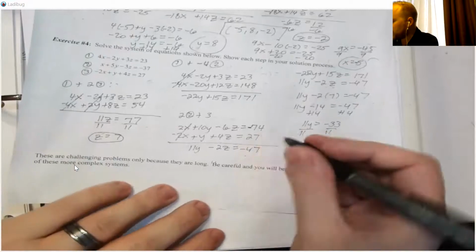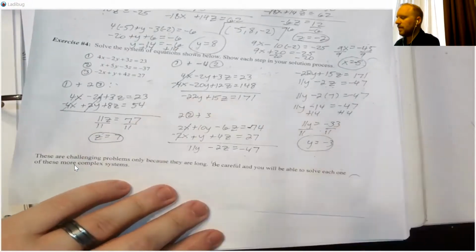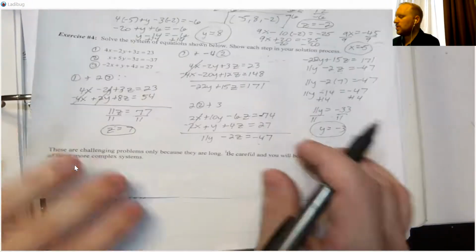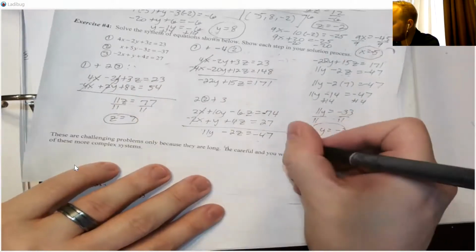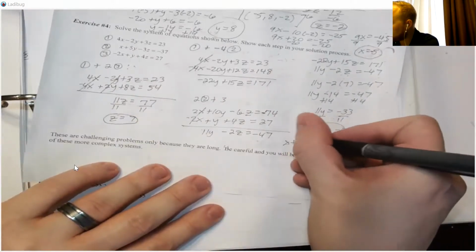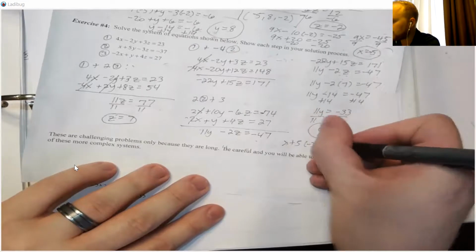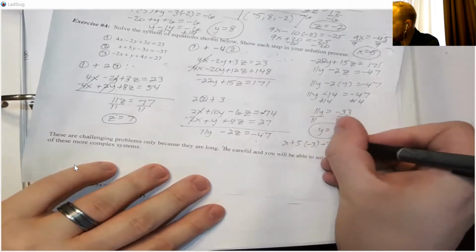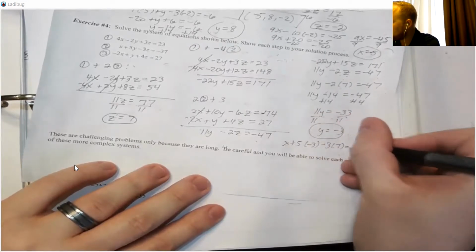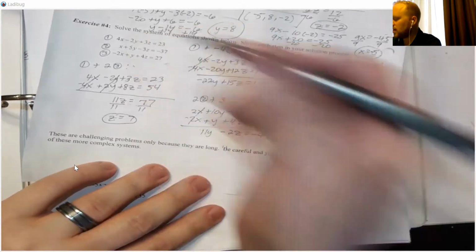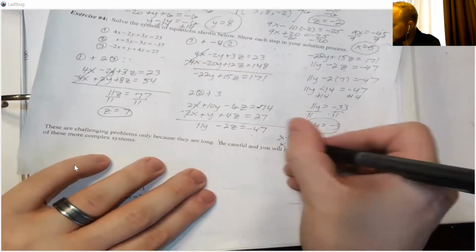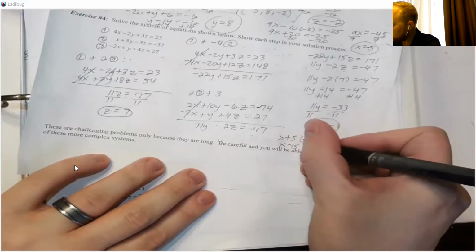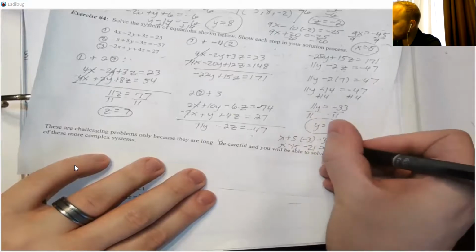Okay, so we got our z, we got our y, now we just have to find our x. We're going to put it back into one of the equations. I'm going to put it back in the second one. So this is x plus 5y plus -3z, where y is -3 and z is 7, is equal to -37. So I'm using the second equation. And I'm going to solve: x minus 15 minus 21 equals -37.